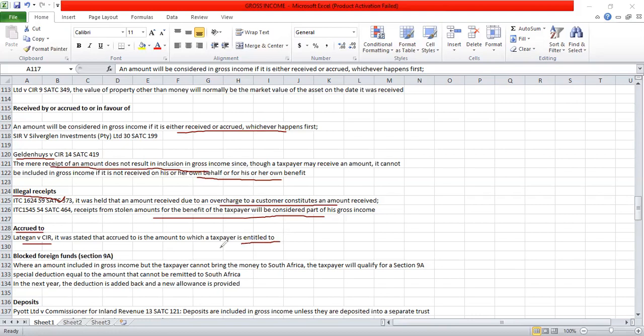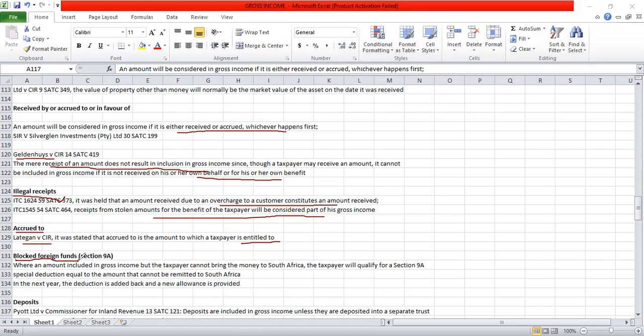Right. Then there's a section that talks about blocked foreign funds. If you have got money in a foreign account, which you cannot transfer to South Africa, then you can have a reprieve.